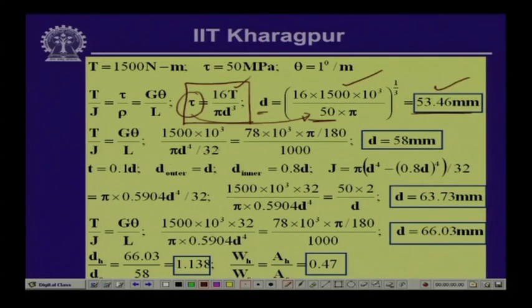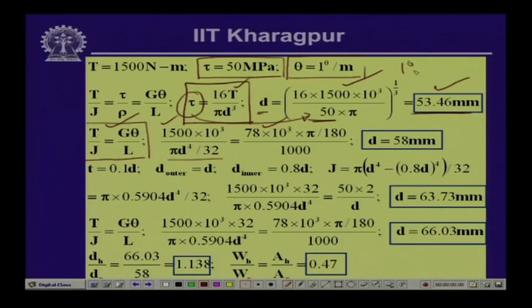Also, since we will have to satisfy both criteria, that shear stress cannot exceed 50 megapascal and the angle of twist cannot be greater than 1 degree per meter length, if we consider 1 meter length of this shaft, then we go through the expression T by J equals G theta by L. T again is 1500 into 10 to the power 3 Newton millimeter, J is pi d to the power 4 by 32, G is given as 78 into 10 to the power 3, that is 78 gigapascal converted into megapascal, into theta, where theta is 1 degree.